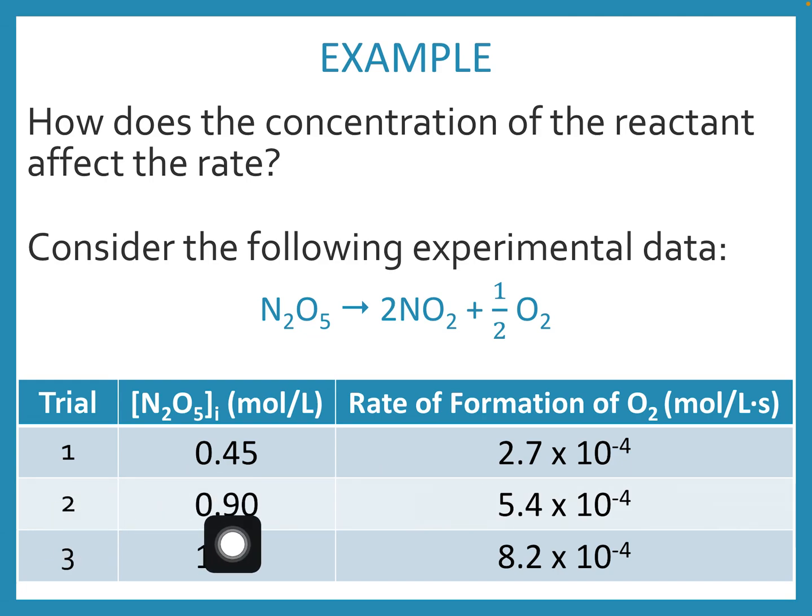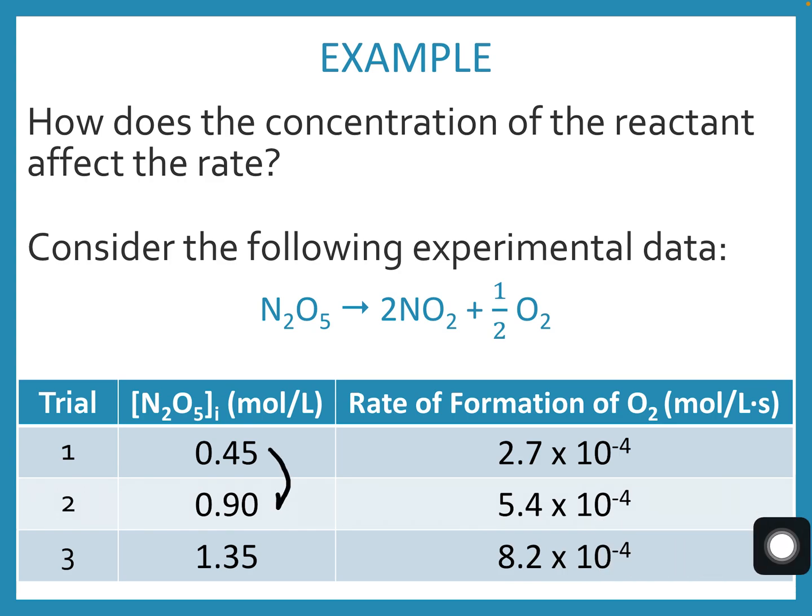In the second trial, we had 0.90 as our initial concentration of N2O5. So in the second trial, there was twice as many moles per liter of the reactant, and we can see that the rate of reaction increased to 5.4 times 10 to the negative 4.